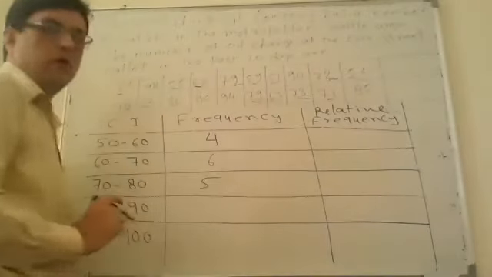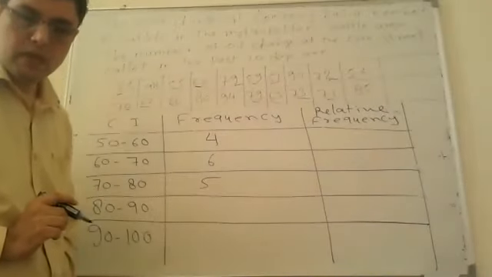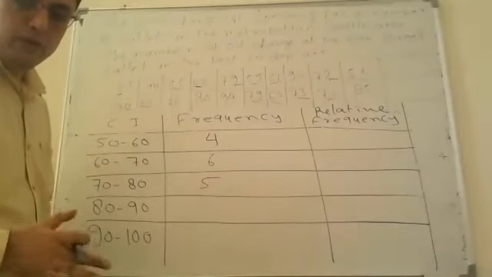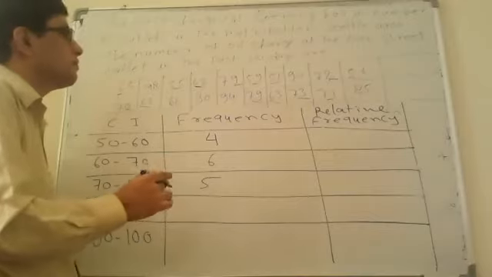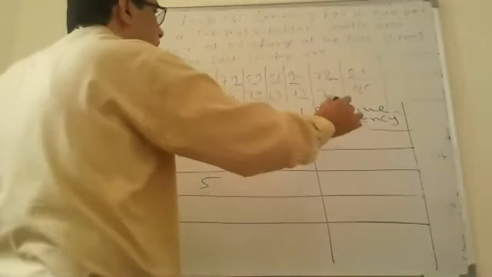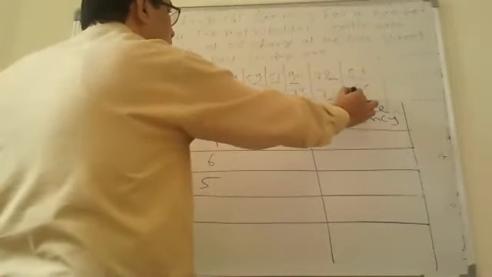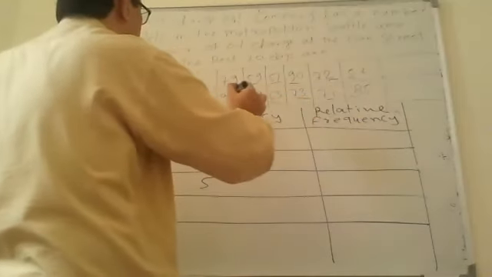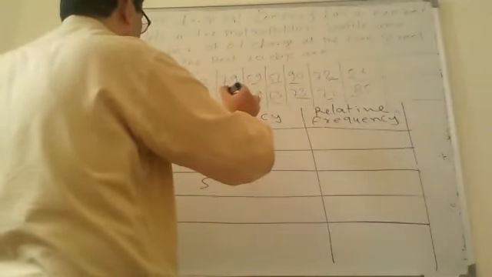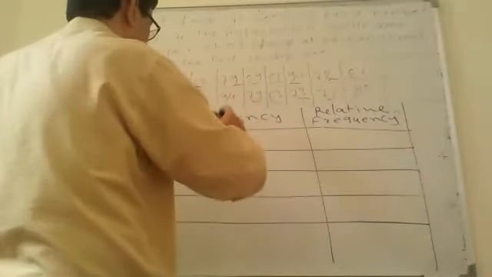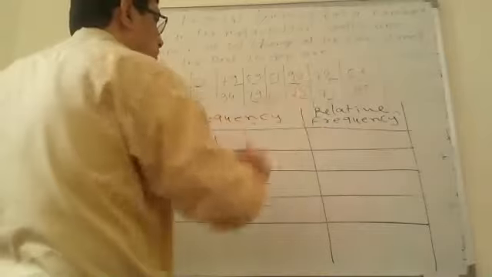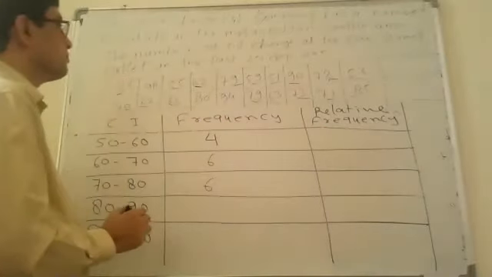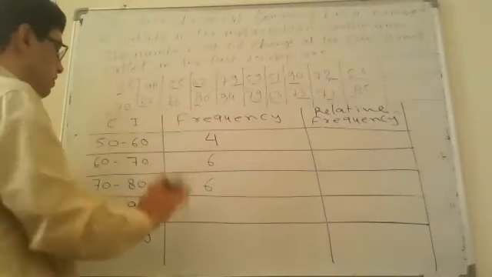Here 5. 80 to 90: 1, 2. This was already included here.